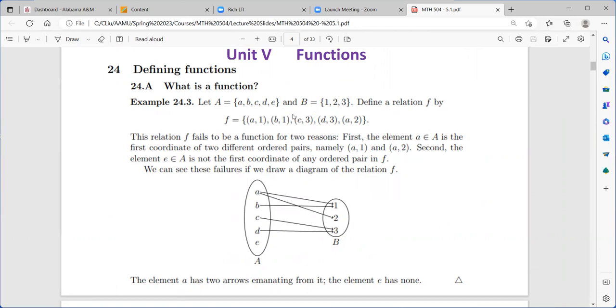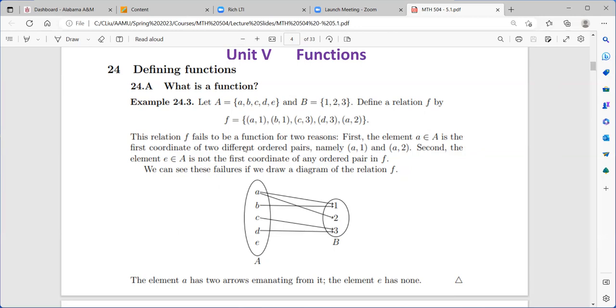For example, if we define relation F as the set of ordered pairs (A,1), (B,1), (C,3), (D,3), (A,2), that's perfectly fine, because as long as the first coordinate is from the first set and the second coordinate is from the second set, for any other pair, then it will be a relation, all right?